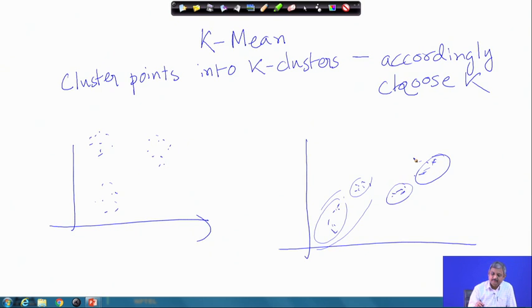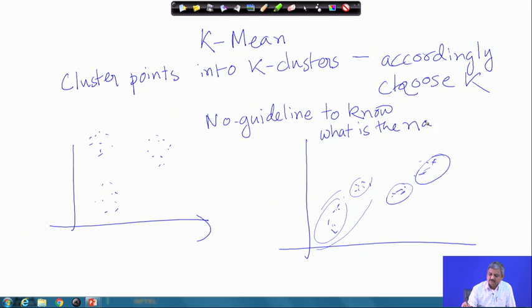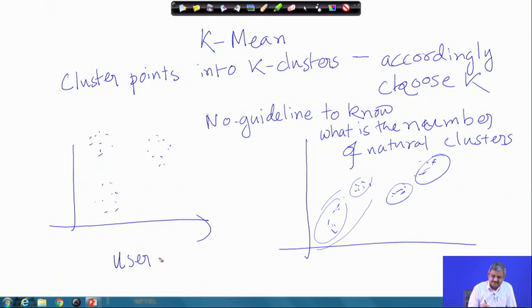So, there is no guideline to know what is the number of clusters that are naturally there in the data. So, what we do instead is that, depending on the domain, we choose a user defined k. All right. So, for the k-means algorithm, first you have to know how many clusters, the k value, you have to know.